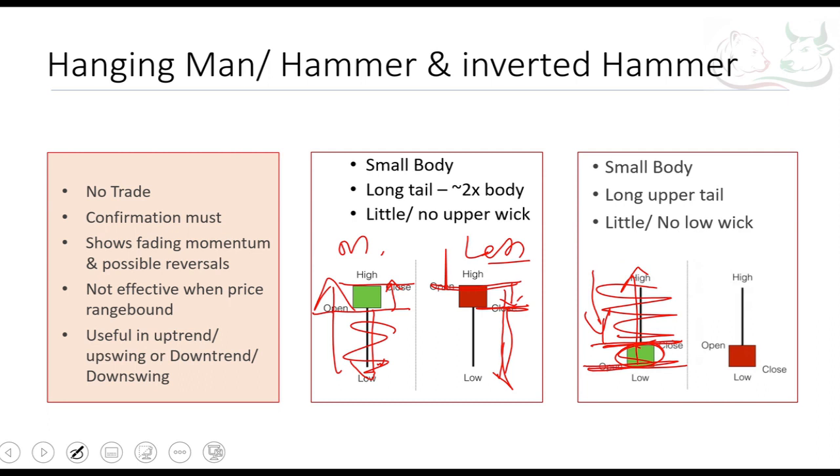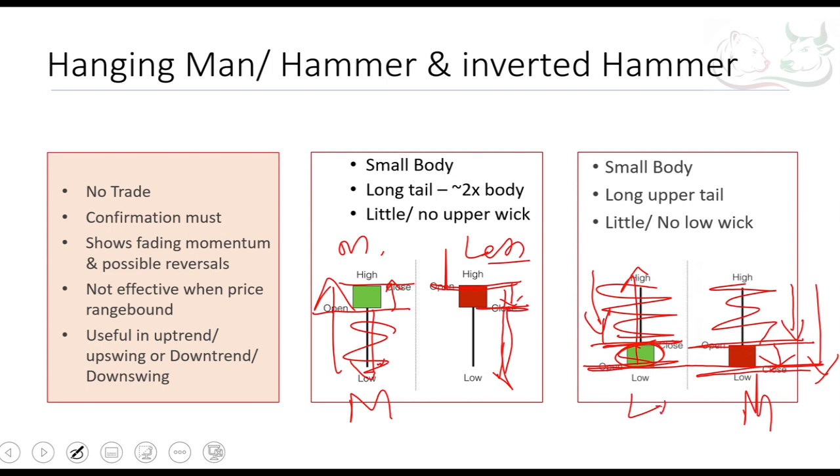In this fourth candle, the price opened here, tried to go up, and did not sustain, selling pressure came in, and the price closed below the open price itself. So it's a further bearish candle. Out of these, this is more bearish, this is less bearish, this is less bullish. But again, they don't really say anything without the context of a swing or a trade.